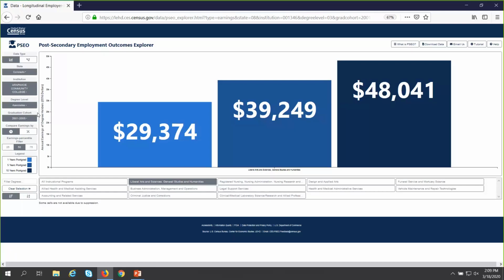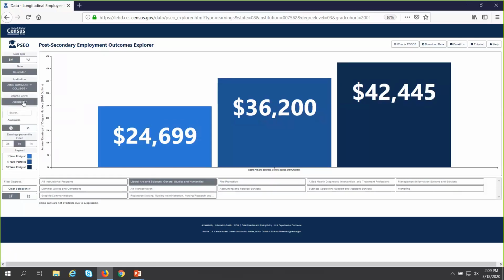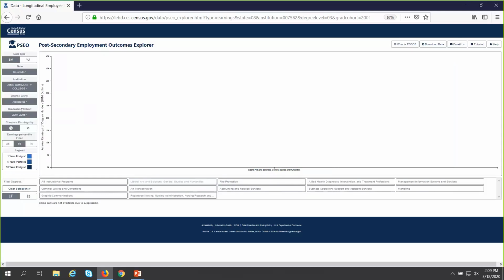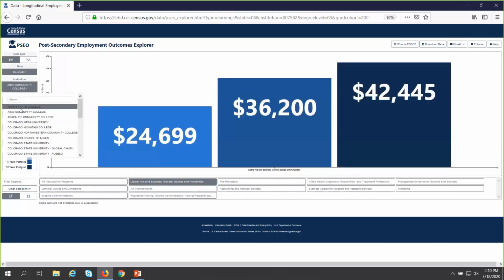One thing I would say is there are community colleges, but only for one state right now. Colorado, because the Colorado Department of Higher Education includes all public institutions, which include community colleges. On the screen, I pulled up Arapahoe Community College because it's the first alphabetically. Here you can see for Arapahoe, we just report associate's degrees, but for other institutions, like Adams State, I think, there are lower credentials.